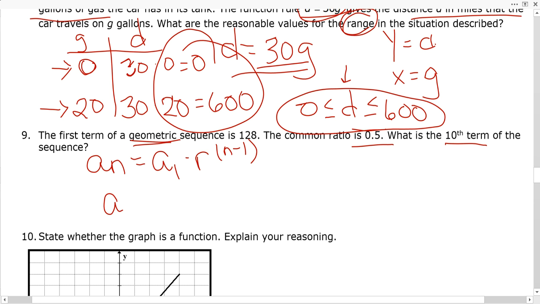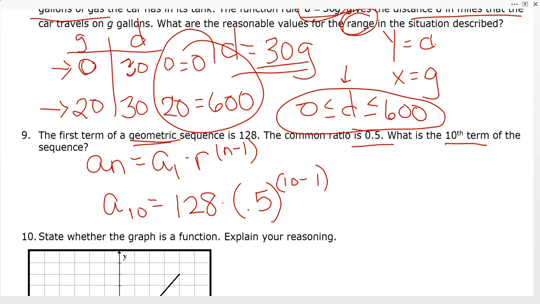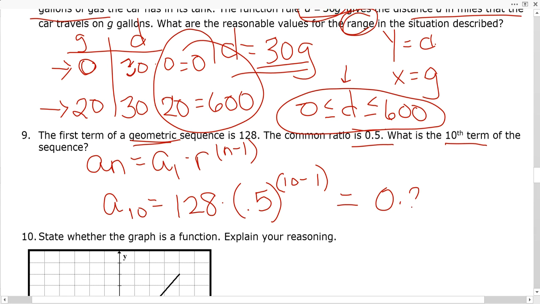So I do a sub 10 equals 128 times 0.5 to the 10 minus 1, which is 9. I'm going to work that out on my calculator really fast because I don't have that one. I have 128 times 0.5 to the 9th power, and I get 0.25. So my answer is 0.25.